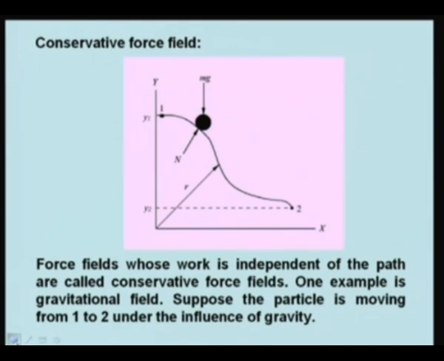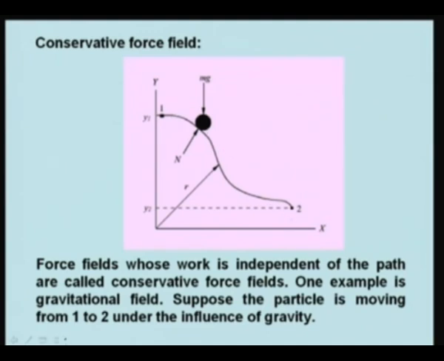A field in which work is independent of the path is called a conservative force field. One example is the gravitational field. Suppose the particle is moving from 1 to 2 under the influence of gravity, like this.